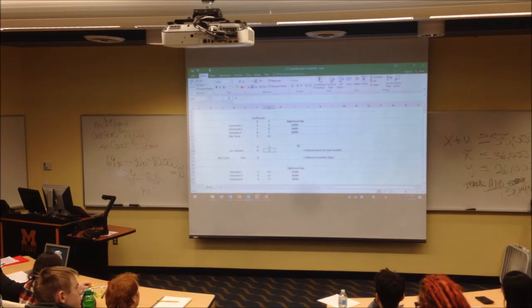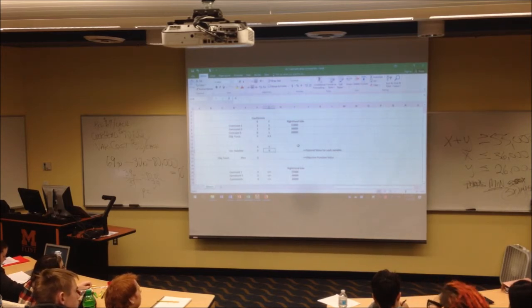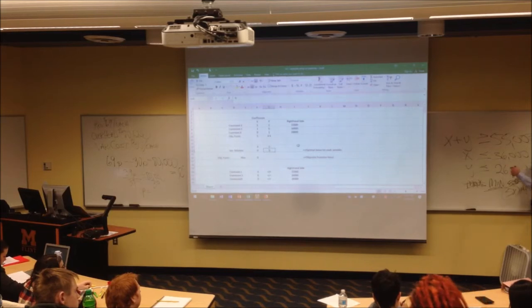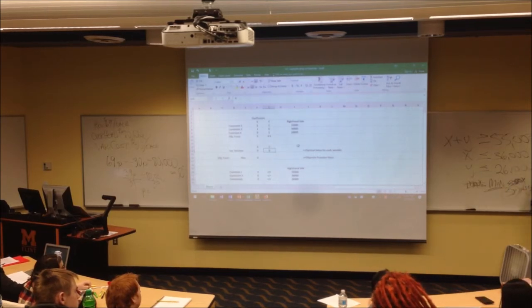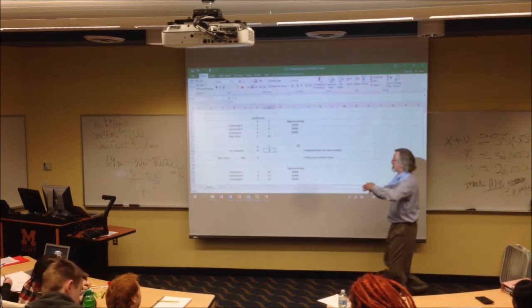This will probably end up being 26,000, but we need 55,000, so the other will be like 29,000. You take $5 times the 29,000, or whatever the optimal solution is, and 450 times 26,000, or whatever the optimal solution is, and you add them together. You just found the objective function value. It's the value the objective function would have when the optimal solution is inserted.